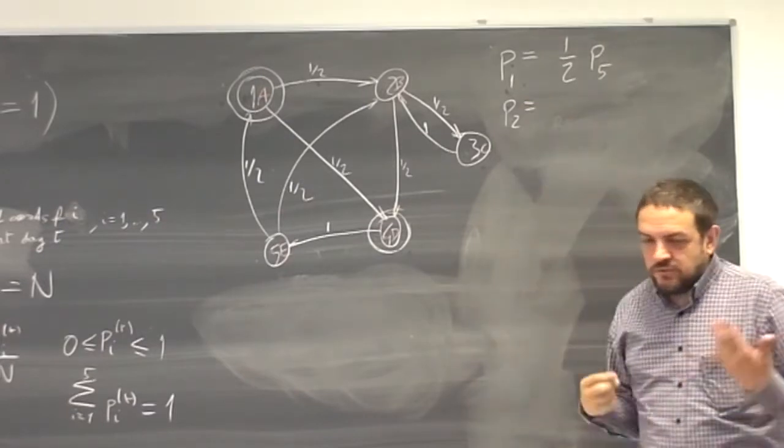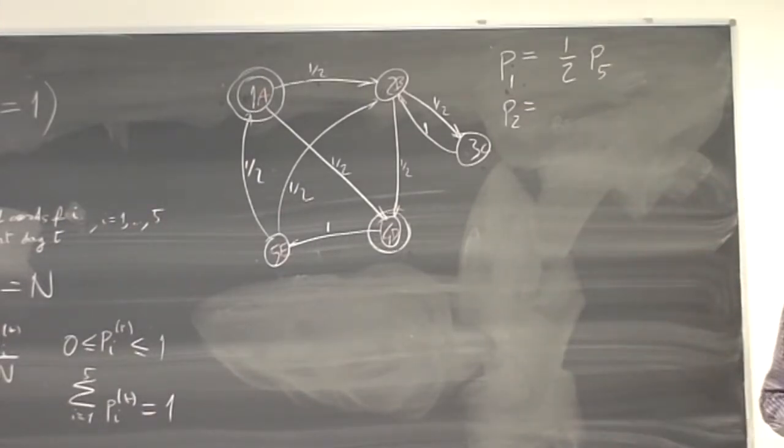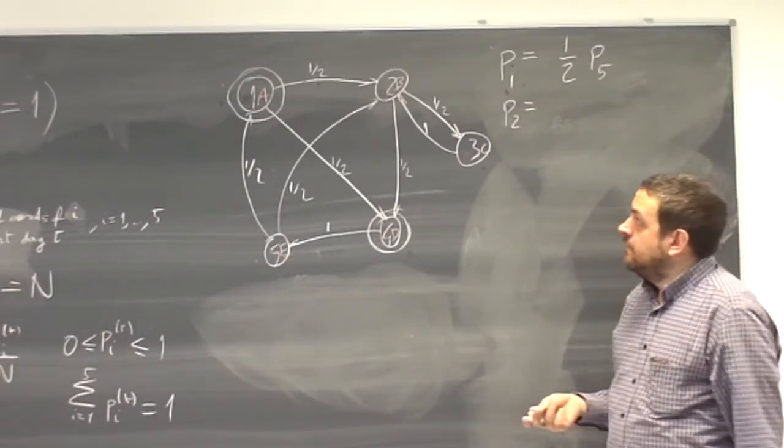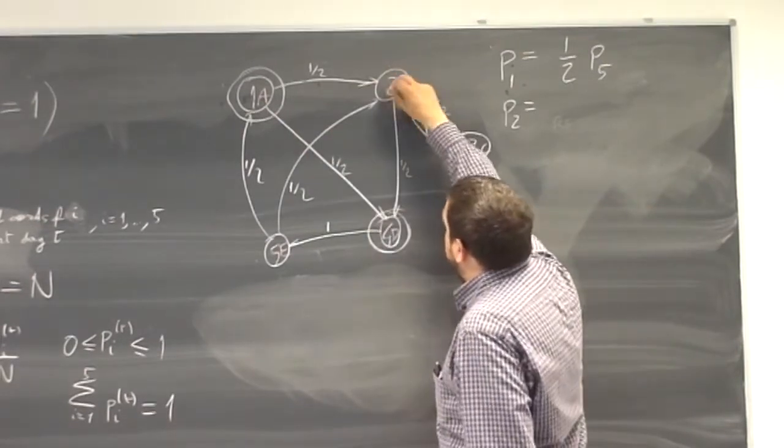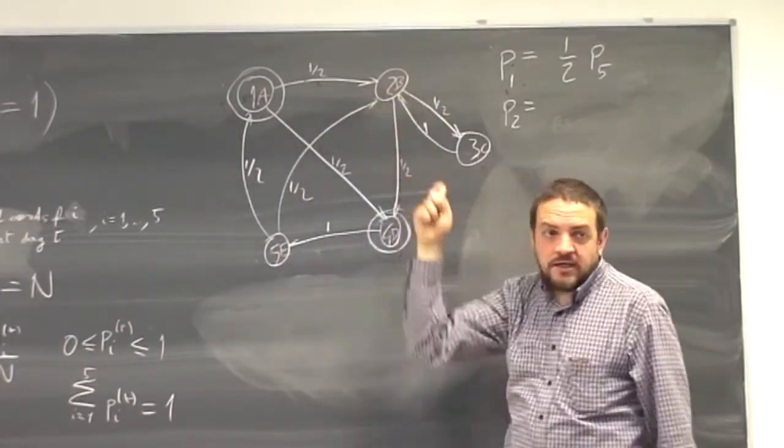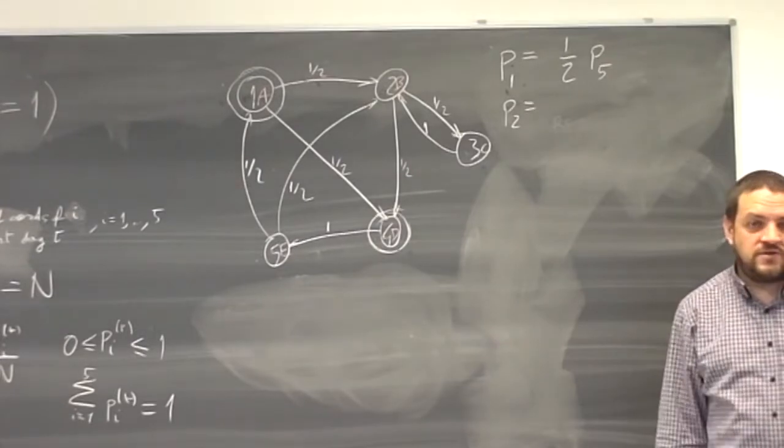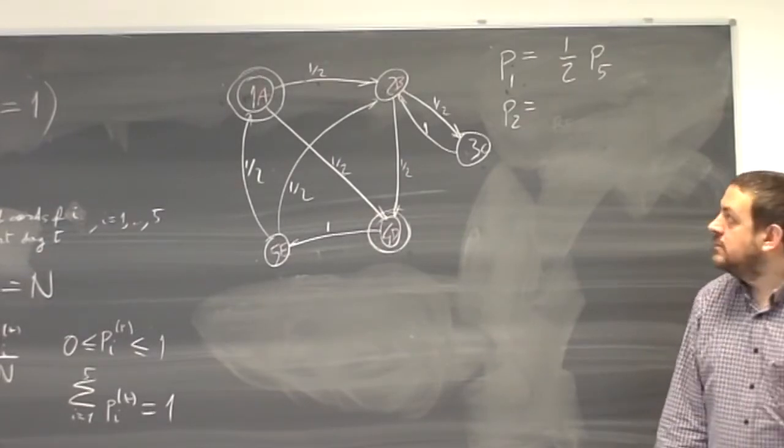So, as we do with the PageRank algorithm, for every node we look at the incoming arrows and write the corresponding fractions.